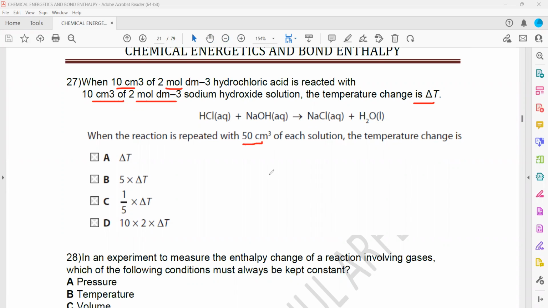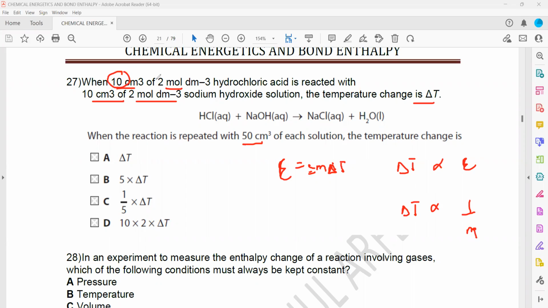Look, remember the energy change E is equal to c m delta T. That is a formula in which specific heat is constant. So temperature change is directly proportional to the energy released, and temperature change is inversely proportional to the mass or the volume of the solution.